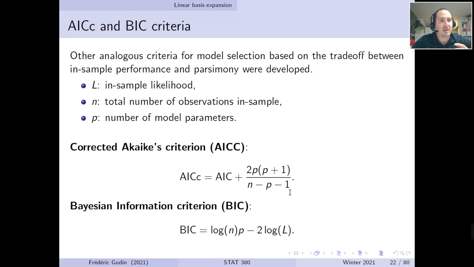So not only is it less subjective, but it has a more direct relationship with what we're really trying to measure, unlike these criteria where the penalty assigned to parsimony does not have an intuitive representation.